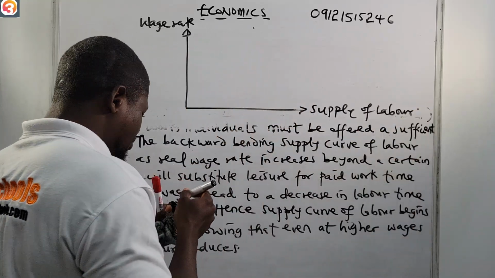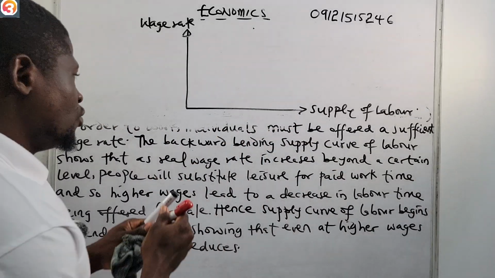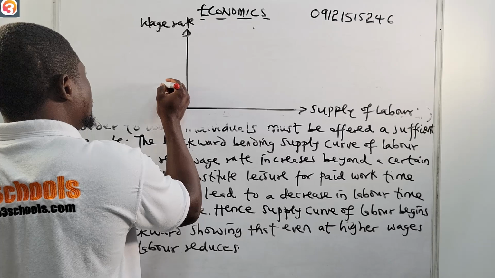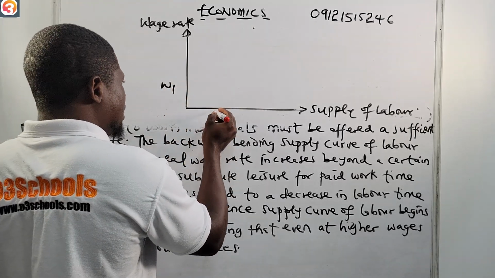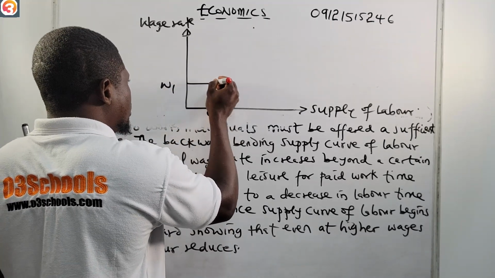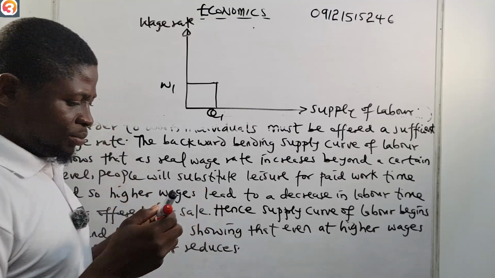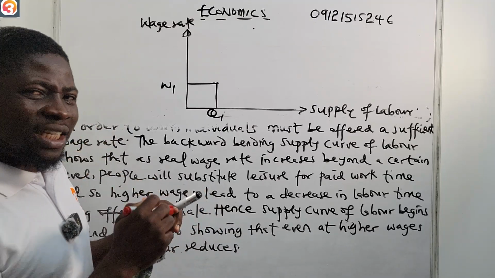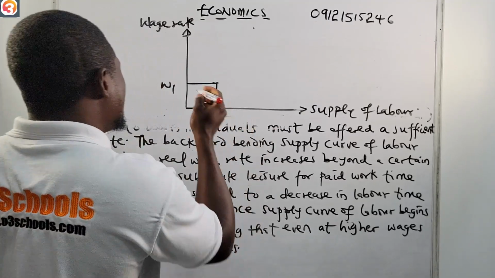Now let's say when the wage rate was at W1, the supply of labor was here, Q1.